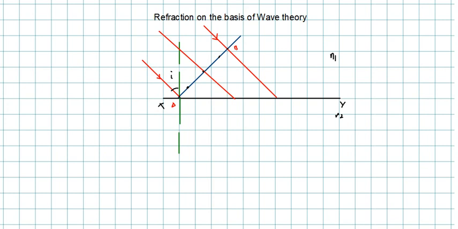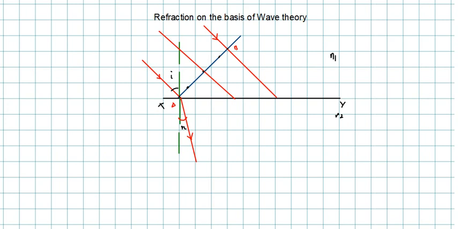It travels inside medium 2 and passes very close to the normal, such that it subtends an angle r with the normal. So, this is the angle of refraction.